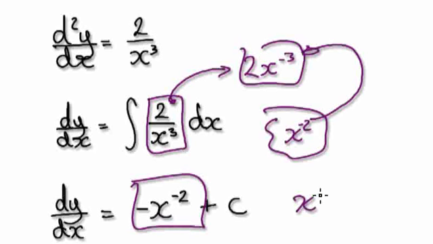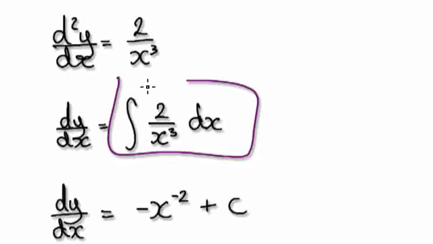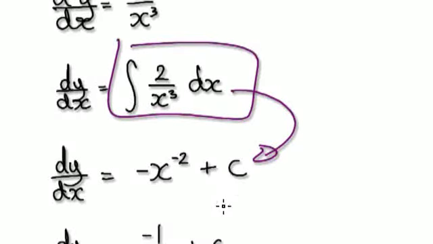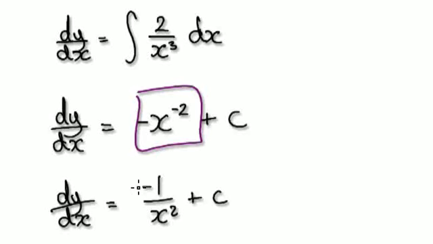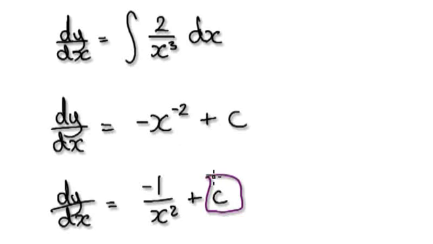When you differentiate x to the power minus a half, it will give you minus a half x to the power minus 3, and then make the adjustment to give you a 2 here. So if you find the indefinite integral of this, it will give you this. But then you still need to find your c. Once you're here, tidy up, and it will give you this. But you still need to find your c.